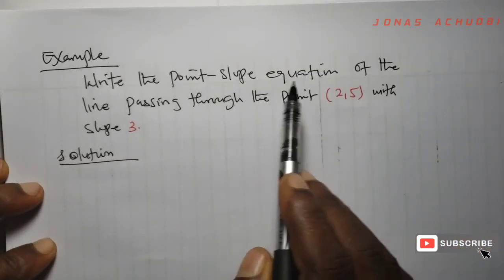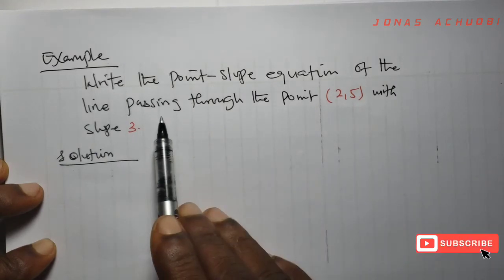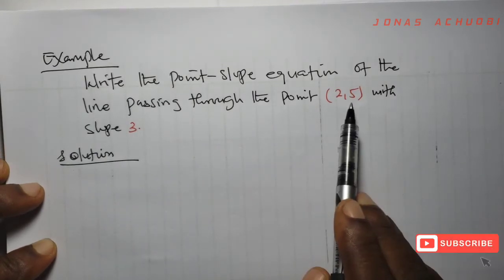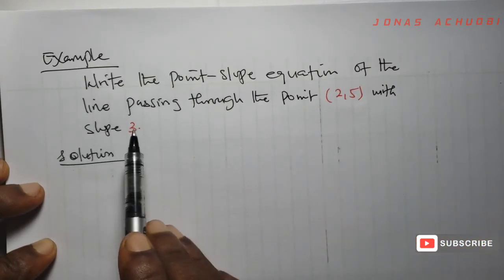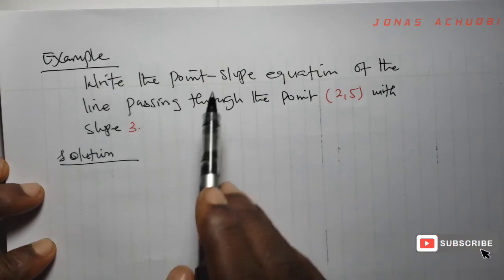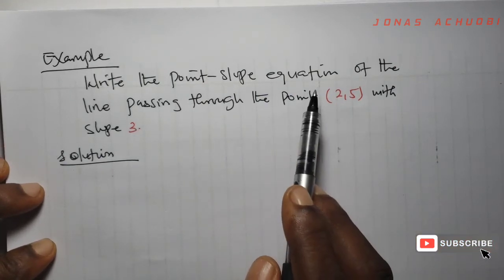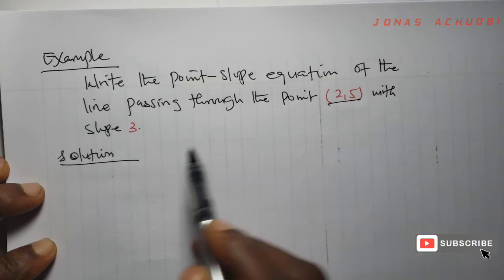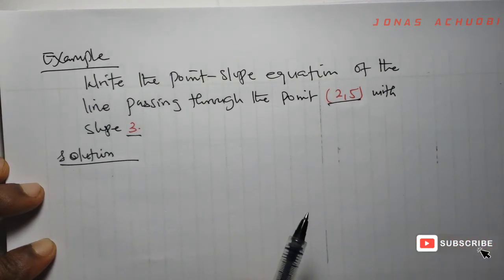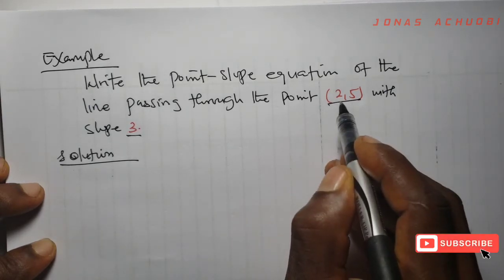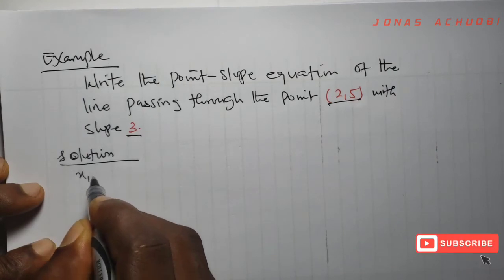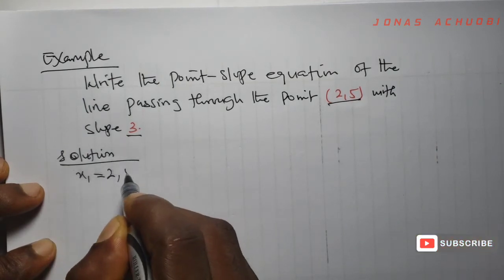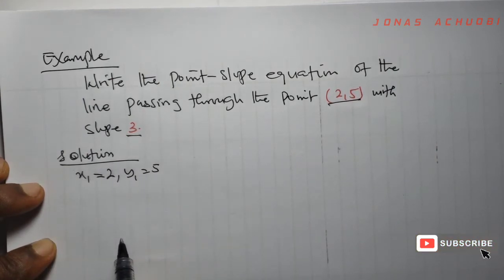Write the point slope equation of the line passing through the point (2, 5) with slope 3. And of course, for point slope equation, all we require is just 1 point and the slope of the line. Now, the point (2, 5) means x1 is 2 and y1 is 5.